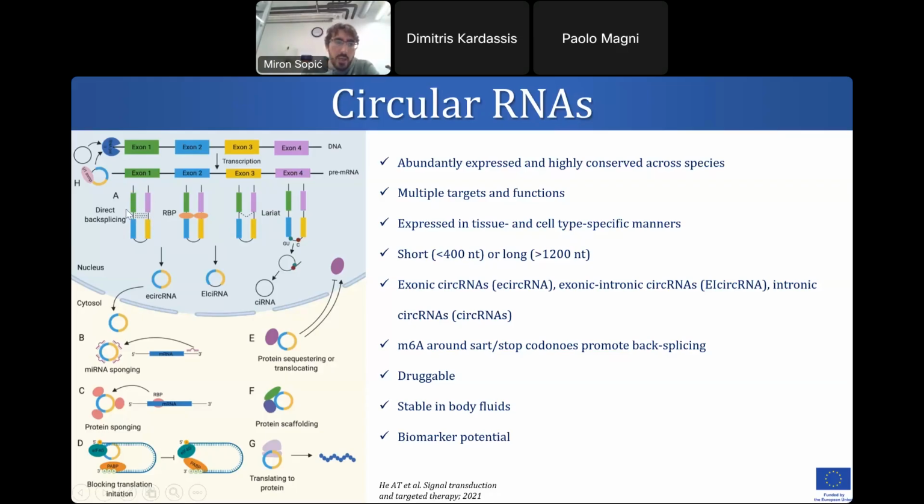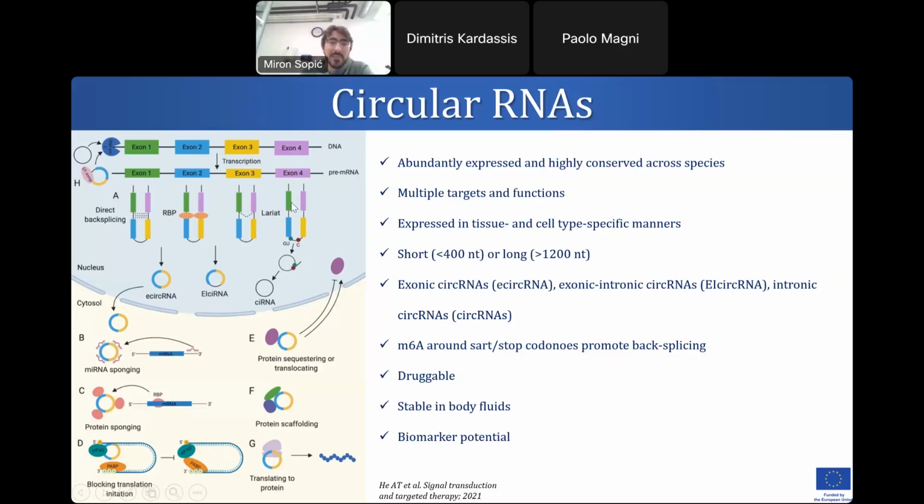Now, this hairpin shape can be formed, I would say, spontaneously, because there are palindromic sequences within the genome, and when they are next to each other, they spontaneously form this type of secondary structure. But in other cases, we have RNA binding proteins that are catalyzing this, forming this type of structure.